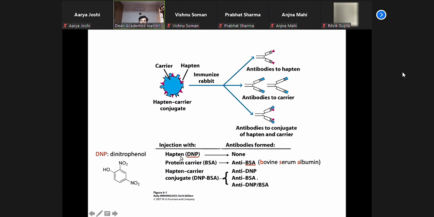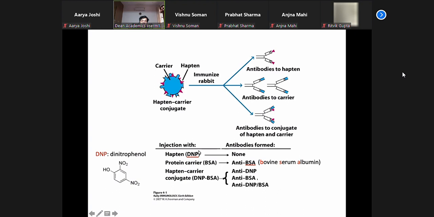Now, hapten is basic. When this dye is injected alone, you do not generate any antibodies. When you inject this small molecule along with a carrier protein, in this case BSA, you generate anti-BSA antibody and anti-DNP antibody. And obviously, if you inject only the protein, you generate anti-BSA antibody.